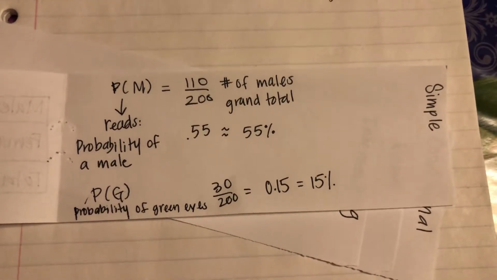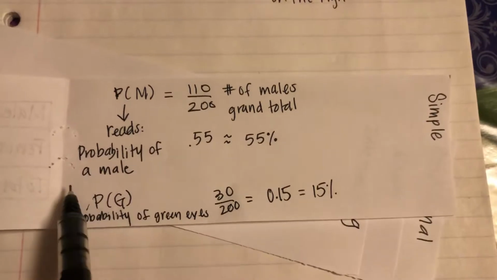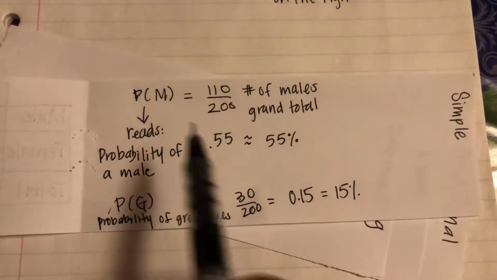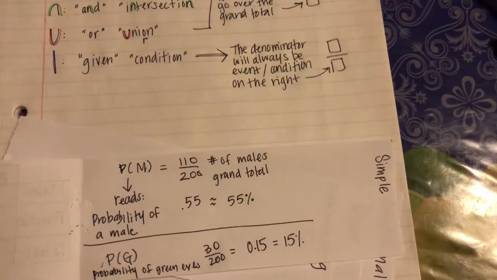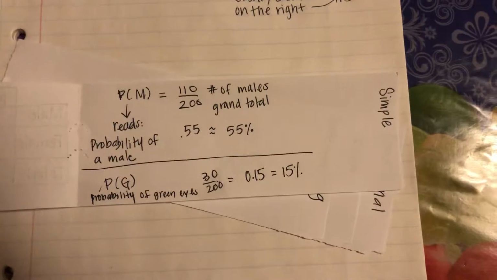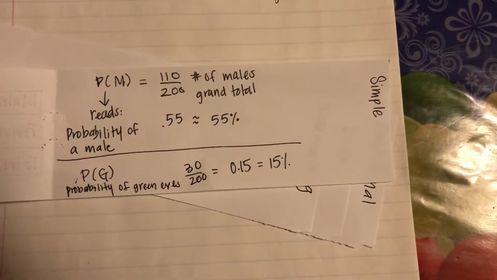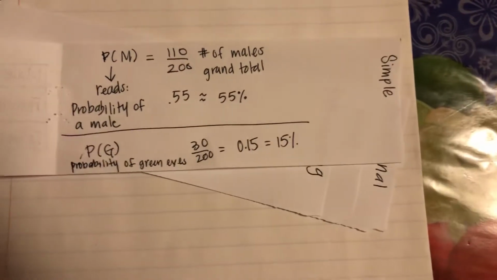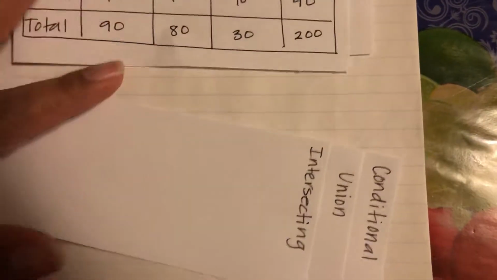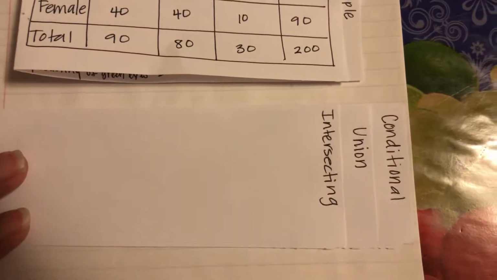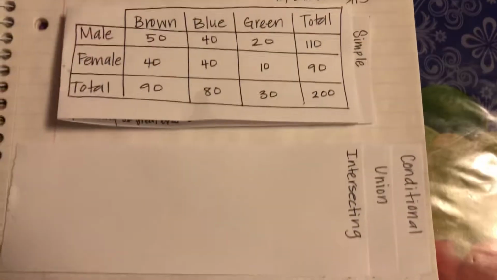Maybe I should draw a line just so that you know that these are two separate probabilities or two separate examples. All right, so let's be done with the simple one. I think you understand how to do that one. I'll go ahead and close mine. The beauty of this is that you can always look back at your notebook or the video and try to do this as slow as you need to.